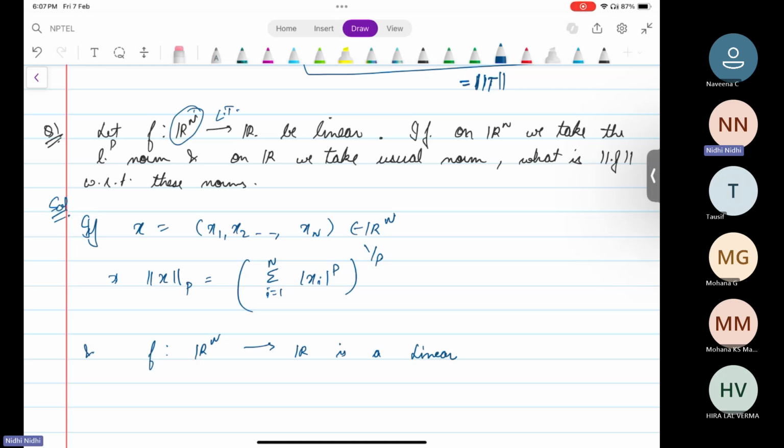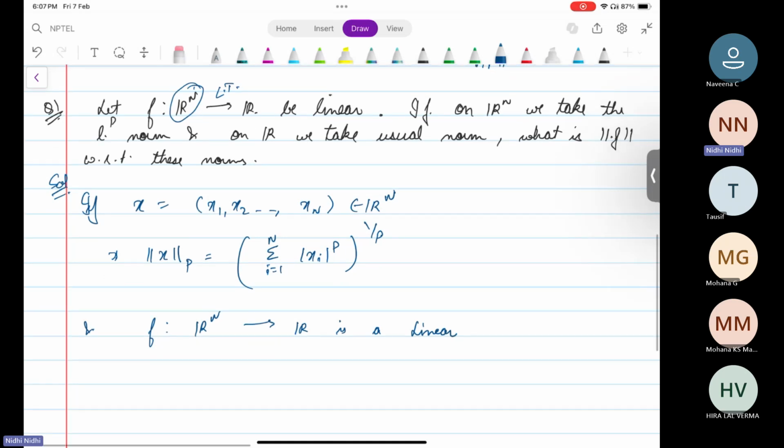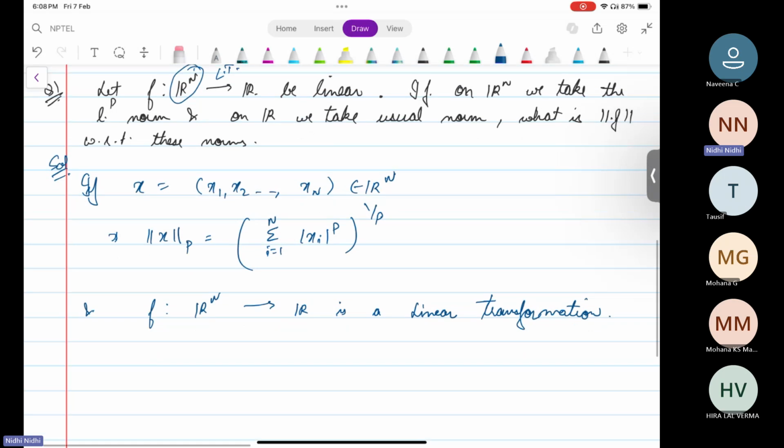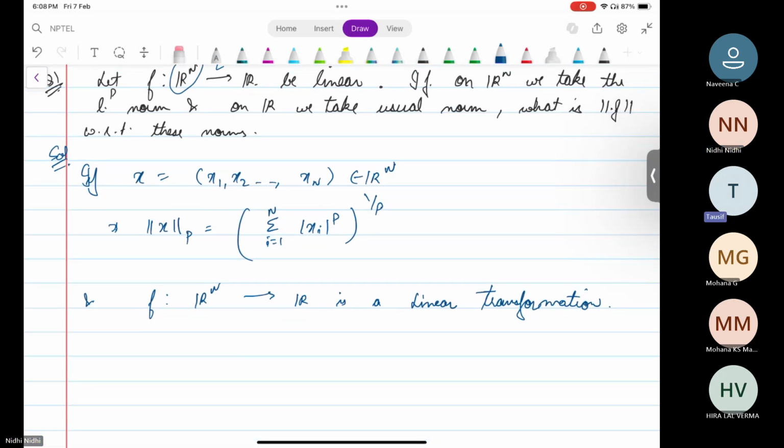So can anyone tell me explicitly how this function will look like? We have a linear transformation from Rn to R. So can we write it in the form of some linear combination? Yeah, a dot product with some scalar values from R. Those scalar values will basically be the images of the basis elements.